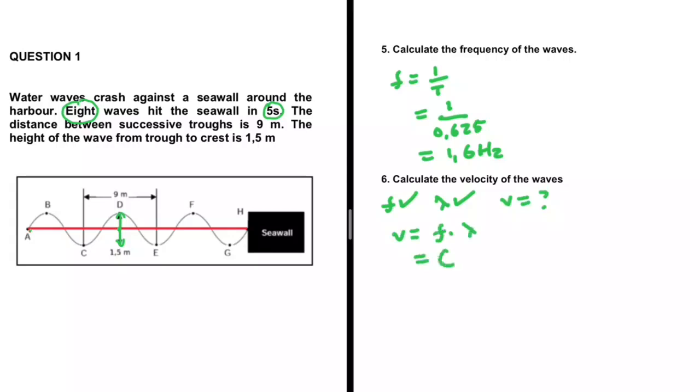The frequency is 1.6 hertz, and then the wavelength is right here. From C to E we have one wavelength, and that is 9 meters. So 1.6 multiplied by 9 meters, that is 14.4 meters per second. And just like that, we have our velocity.